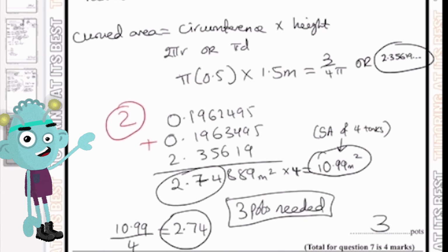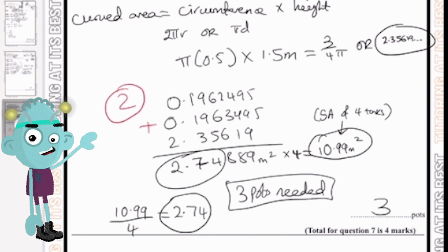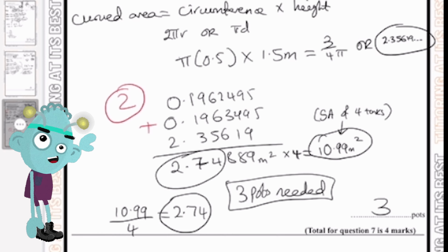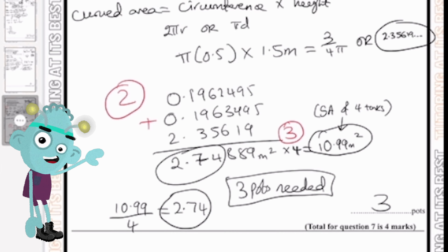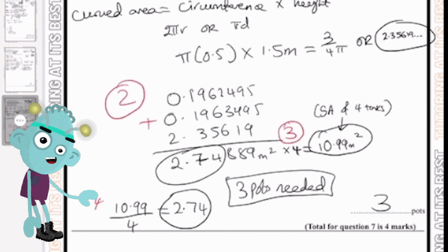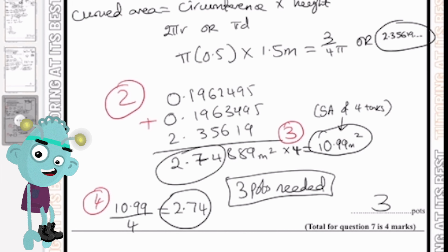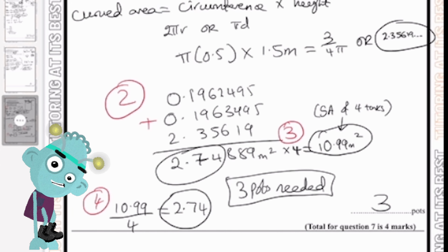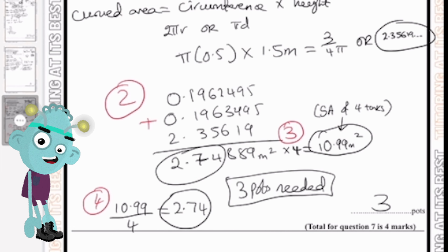So by adding it, we now get the total surface area. And then we go ahead and we multiply it by 4 because there are going to be 4 tanks that are going to be painted. So that's my step 3 here, before finally dividing it by 4 here to get the number of pots needed, which is 2.74. But we know that we cannot have 2.74 pots, so we round it up to make 3 pots. And there we are.